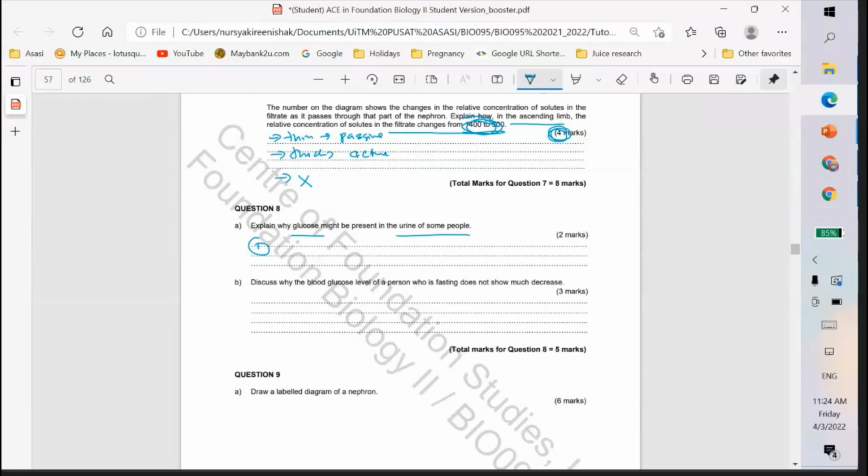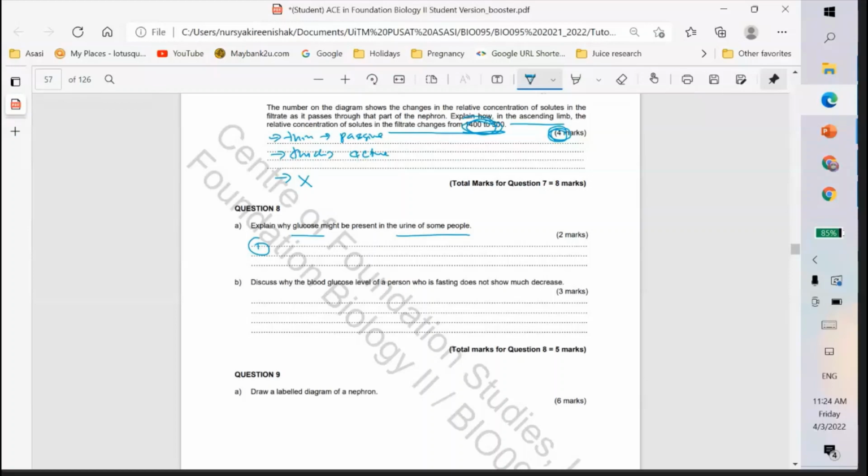So the points that you could include in your answer, how many marks is this question? This question is 2 marks. So the first point, intake of food with high content of sugar or carbohydrates.